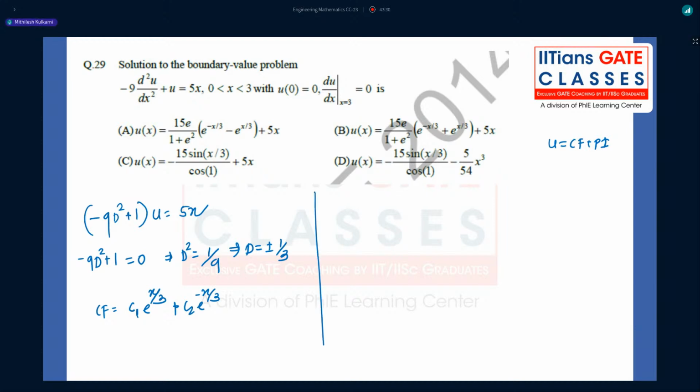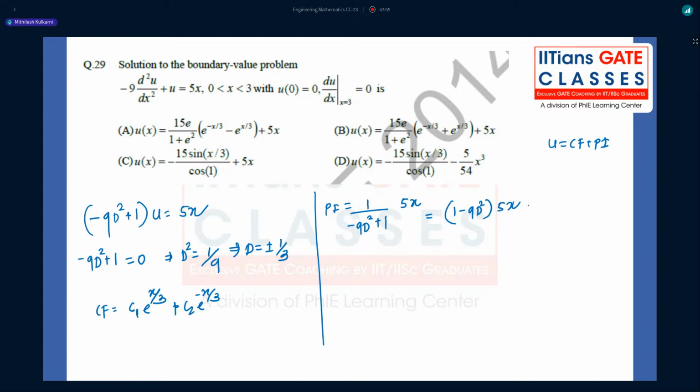In order to calculate the PI, PI is equal to 1 upon 9D square plus 1 operating on 5x. Okay, so I can write it as 1 minus 9D square operating on 5x.